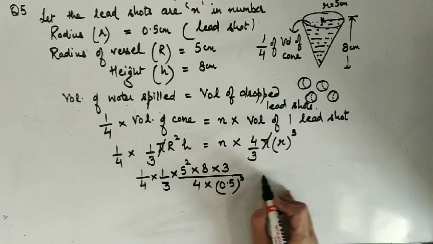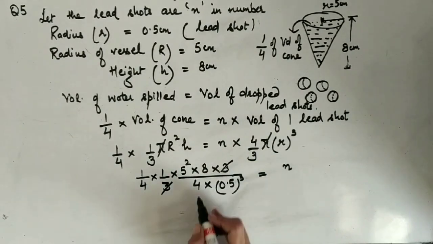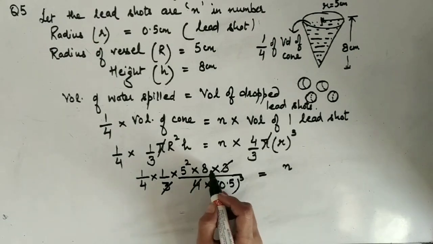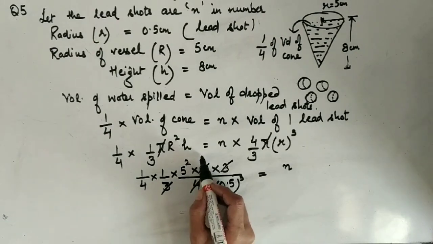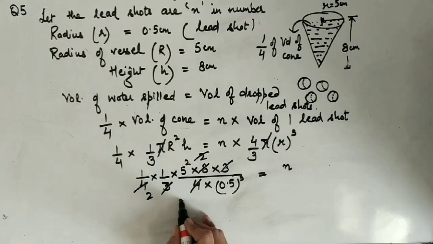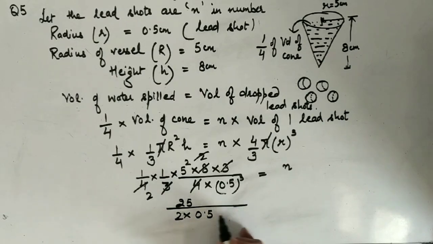Everything is brought to one side and this is equal to n. Cancel 3 with 3, cancel this 4, and this becomes 25 upon 2 into 0.5 cube.